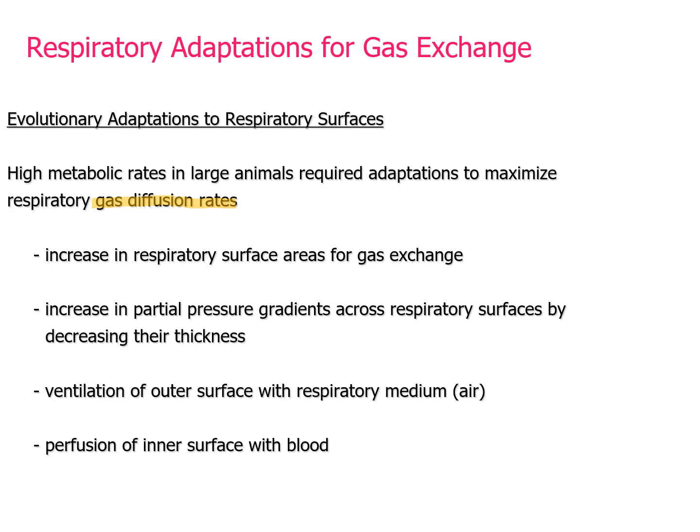That includes an increase in respiratory surface area, so you have more surface area for exchange, and an increase in the partial pressure gradient across the respiratory surfaces by making them thinner, decreasing the thickness. Also, ventilation of the outer surface with air and perfusion of the inner surface with blood.